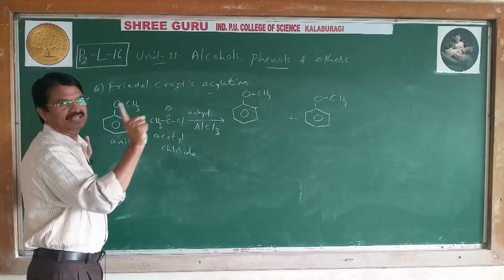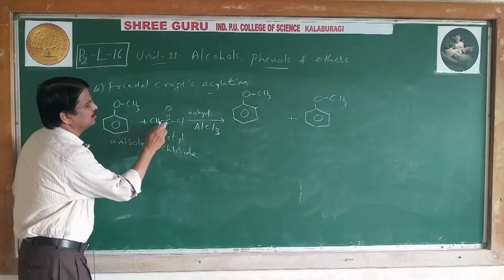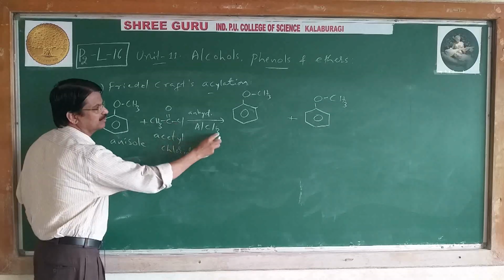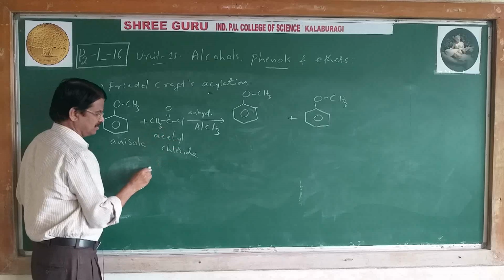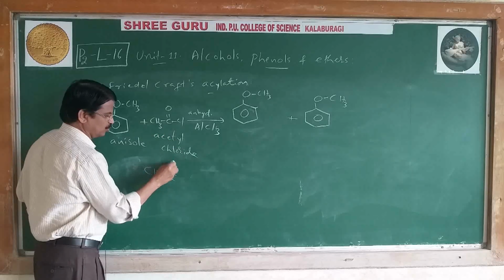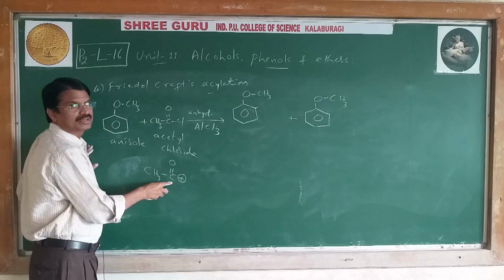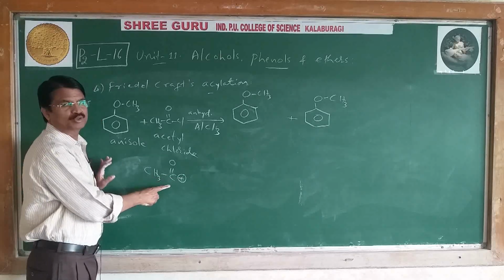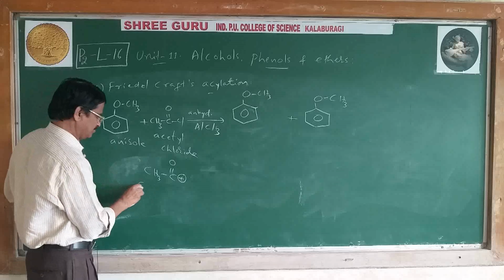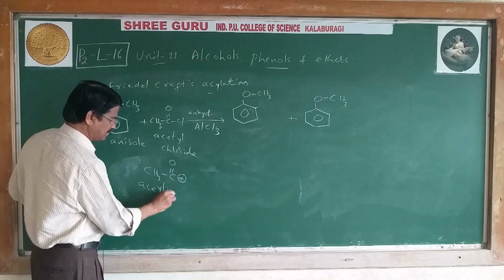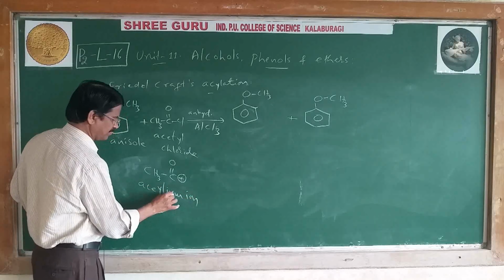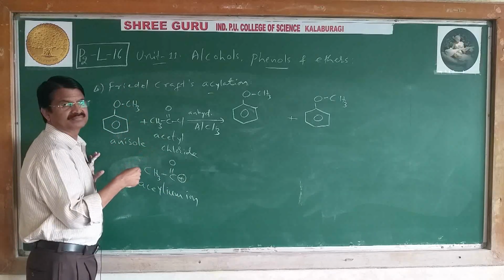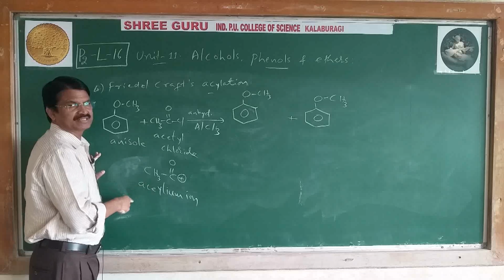Now, CH3COCl attacks AlCl3 to form AlCl4 minus and CH3CO plus. Now it is called the electrophile, meaning an acylium ion is formed. It is said to be an acylium ion. In Friedel-Crafts alkylation, it is a methyl carbocation. But here an acylium ion is the electrophile.